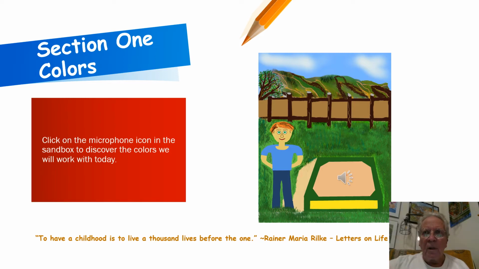We went through our primary colors, we went through our secondary colors, but we don't know exactly what color we're going to do in our session today. So if you look here, that button or that microphone is going to sing a song to you about green and yellow when you click on it.